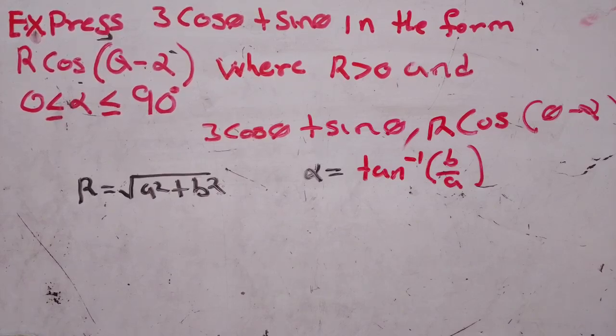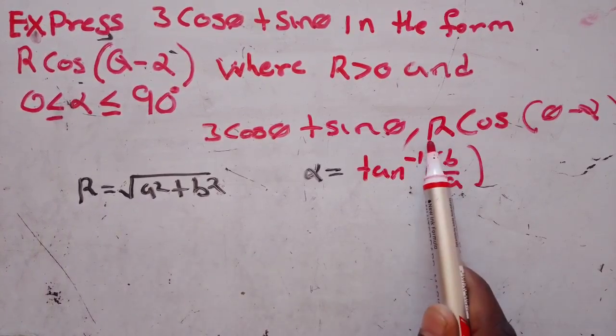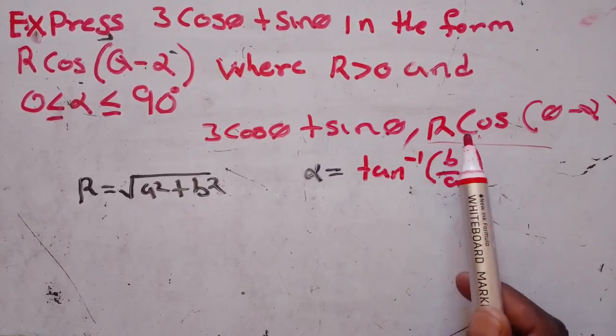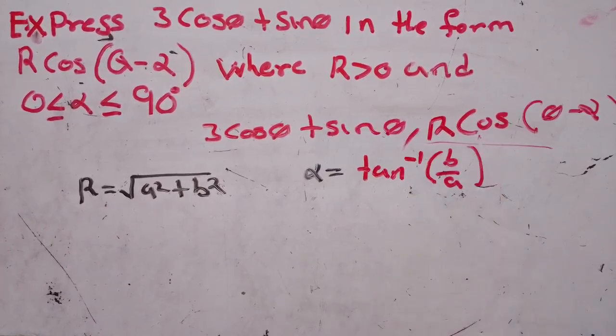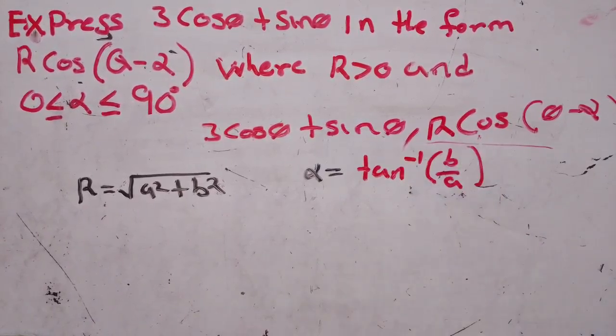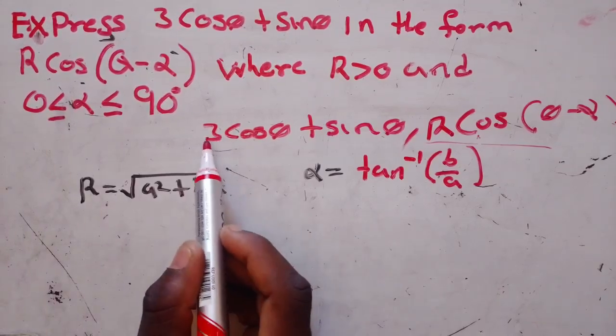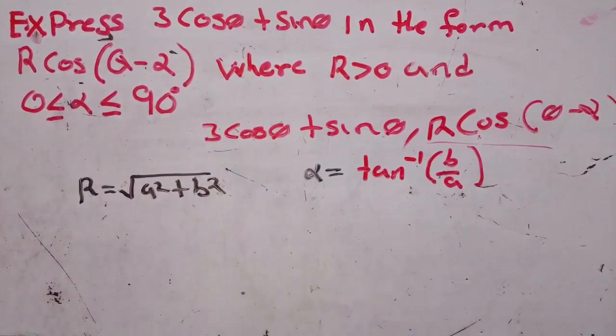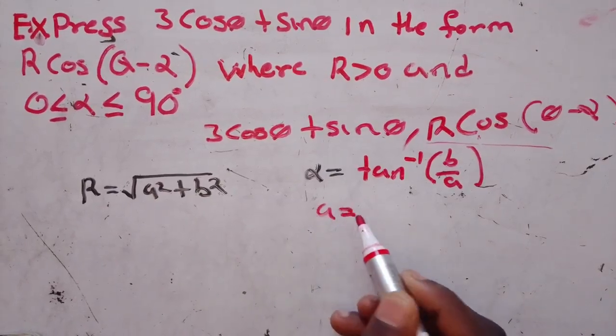You know that a is the coefficient of the trig ratio they have mentioned here. Since they have told us that it's cos here, the coefficient of cos is the one which will be our a. So in this case the coefficient of cos is 3, so our a will be 3.